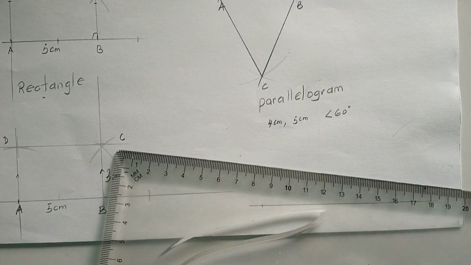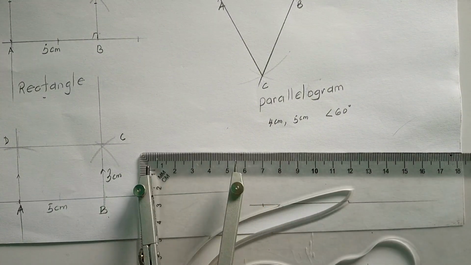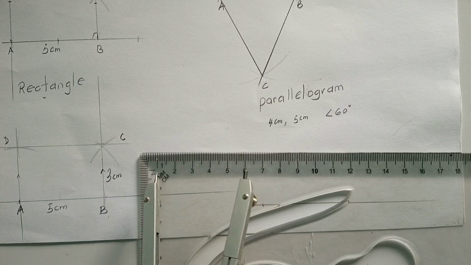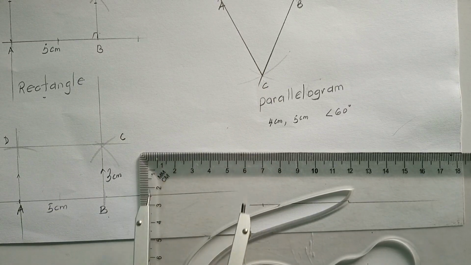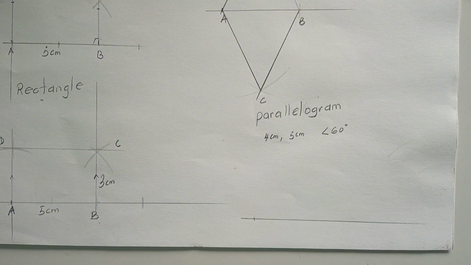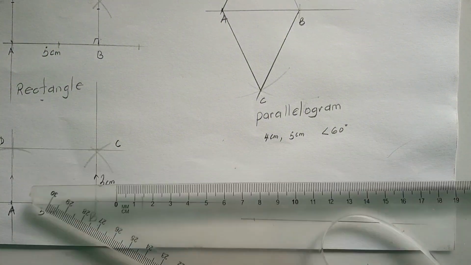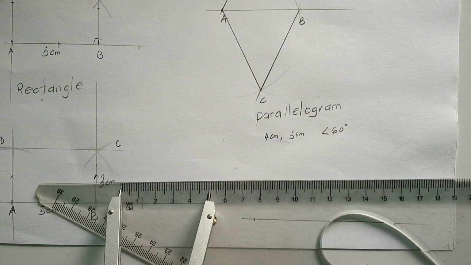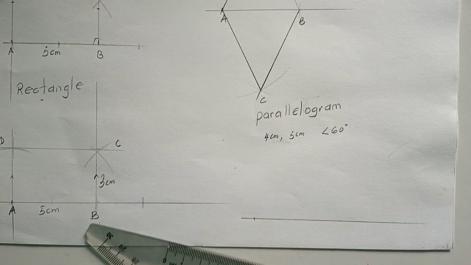So I draw accurately 5 centimeters. I put it properly. Once again, I begin from 0 there. Fortunately, this is 5 centimeters.